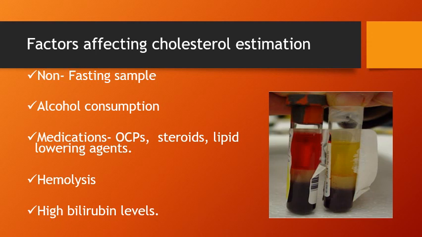Another 2 things, one is hemolysis. Hemolysis means rupture of RBCs, which gives reddish colored combination. So this is the preferred serum, which is clear, transparent and slightly yellowish in color. This is the perfect serum sample which is needed, but here this is a hemolyzed sample.